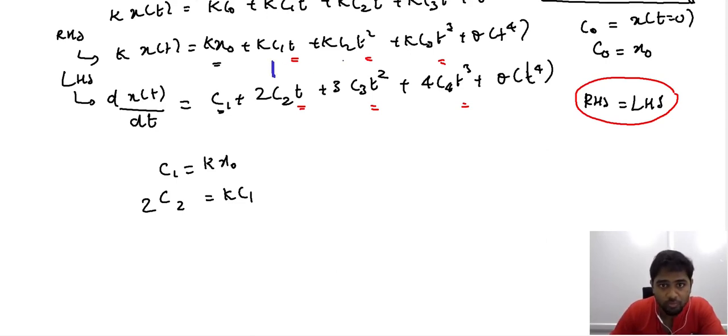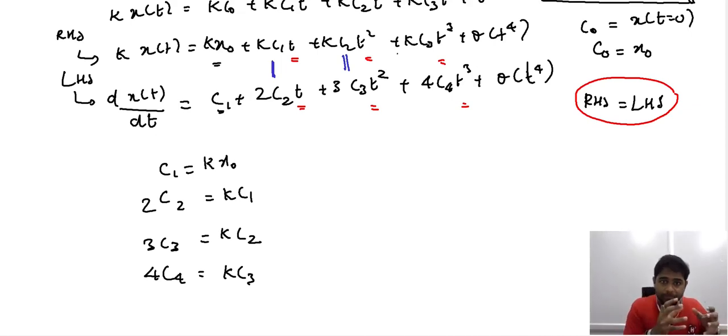And now it's also possible for us to equate these two. It means 3 C3 is k C2. And finally, it is also possible for us to equate these two: 4 C4 is k C3. So we are relating the coefficients of the t values of similar power.